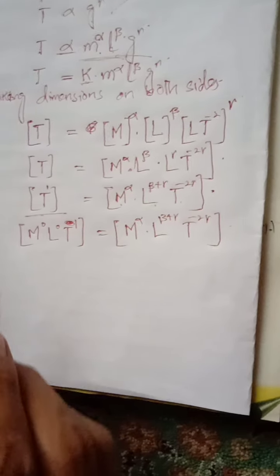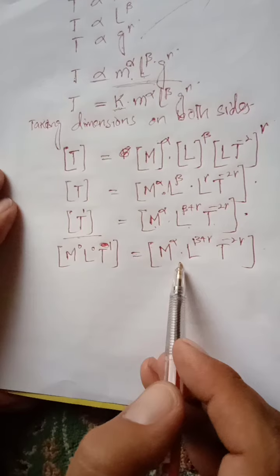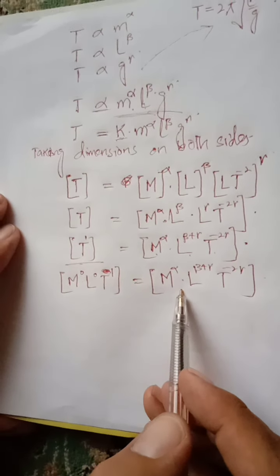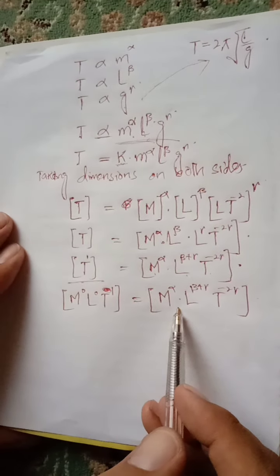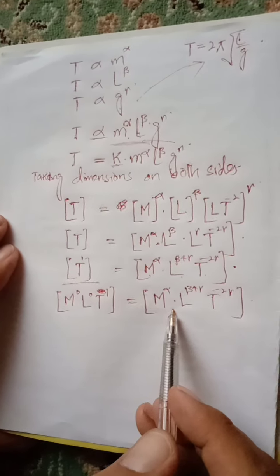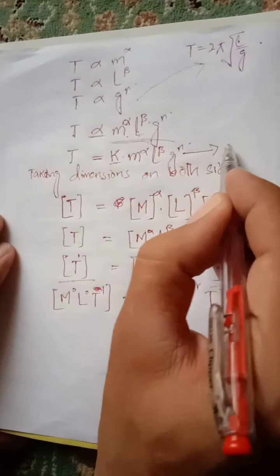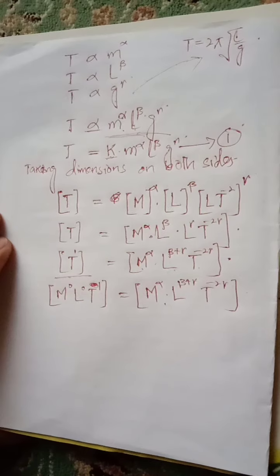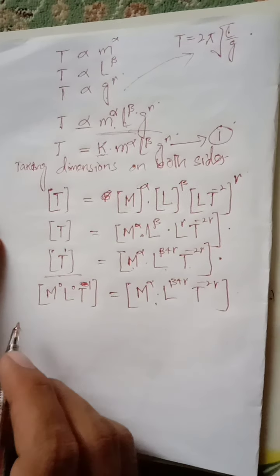Now by equating, we are going to find the values of alpha, beta, and gamma, so that I can put them in this equation in order to find the formula for the time period of a simple pendulum.